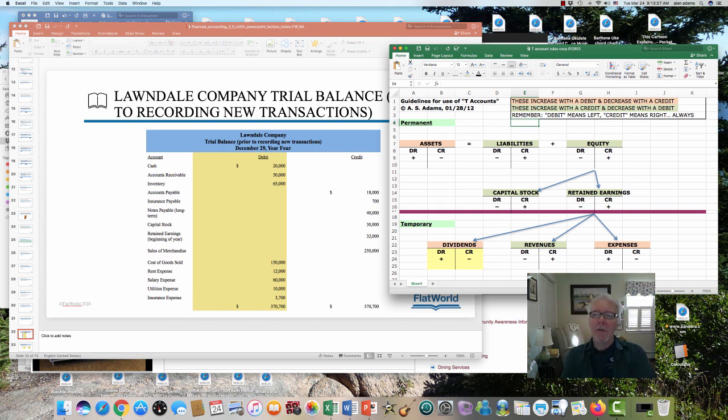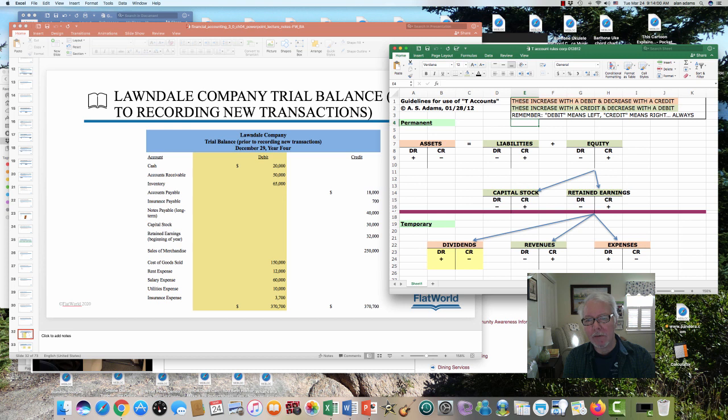Okay, one other thing I want to tell you is that you will be putting all kinds of debits and credits into these accounts as you conduct business. And every so often we're going to stop, add up all the debits and credits, and see what the balance in your account is, in any one account. All right? Usually, not always, but usually, the balance of an account will appear on the side where the increases happen, okay?